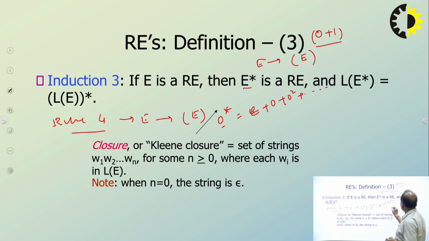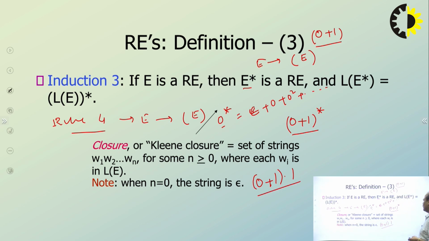So by this rule, if 0 plus 1 is a regular expression by induction 1, then definitely (0 plus 1) star will be a regular expression because of induction number 3. But what about 0 plus 1 dot 1? Is it a regular expression? The answer is no, because there is confusion whether it means 1 dot 1 or 0 plus 1. If we define it with parentheses, it is clear-cut that yes, this is a regular expression, because if 0 plus 1 is a regular expression, then its parenthesization is also one, and we can concatenate them, so it becomes a regular expression.